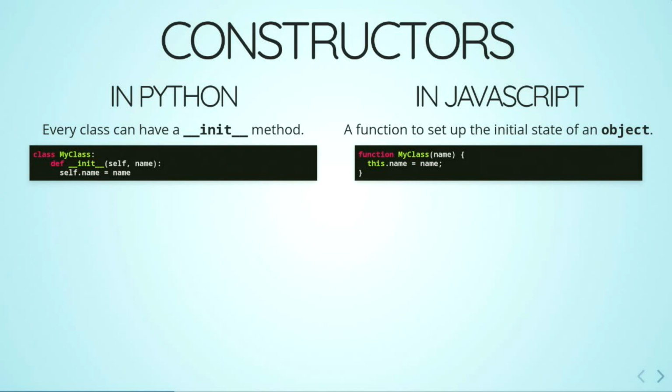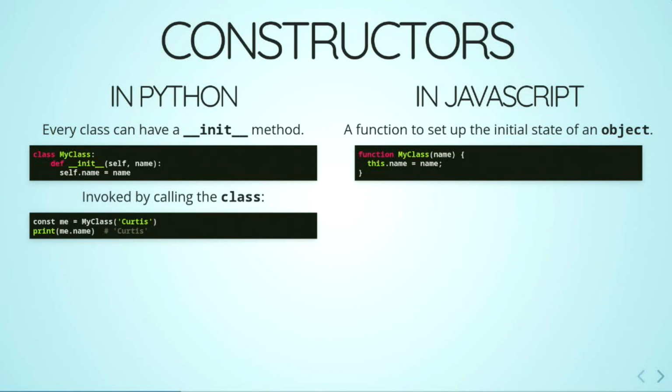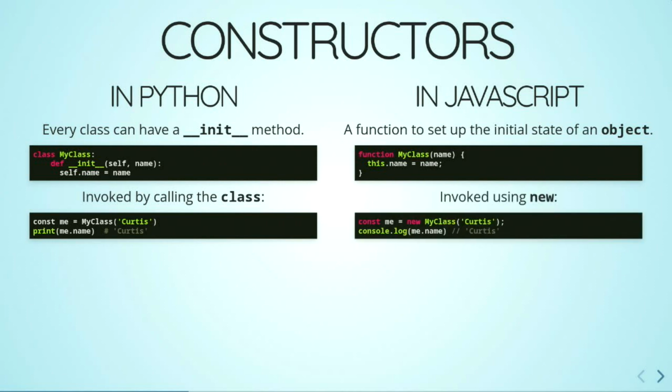It's very similar, as we can see. You can do the same things. You assign values to this. In Python, we can create our object using the constructor by calling the class. Init gets called implicitly when we do this. In JavaScript, you invoke the constructor function, and it returns you the newly constructed object.